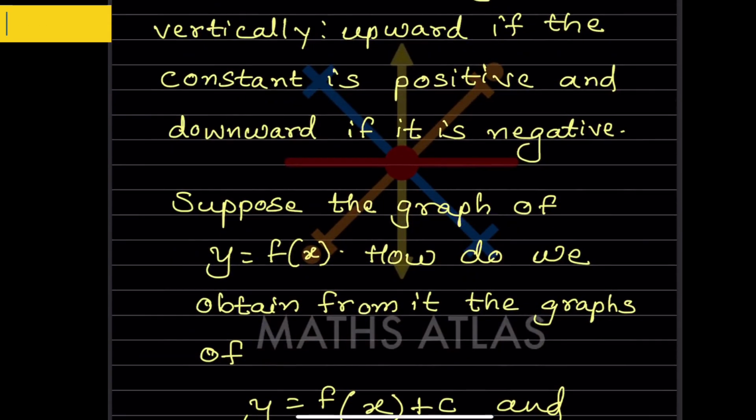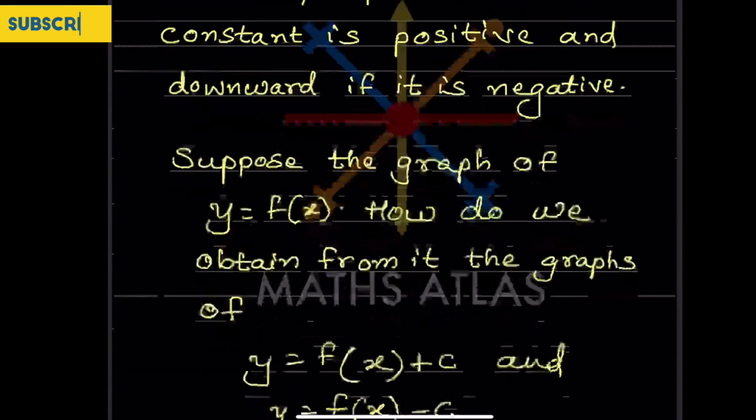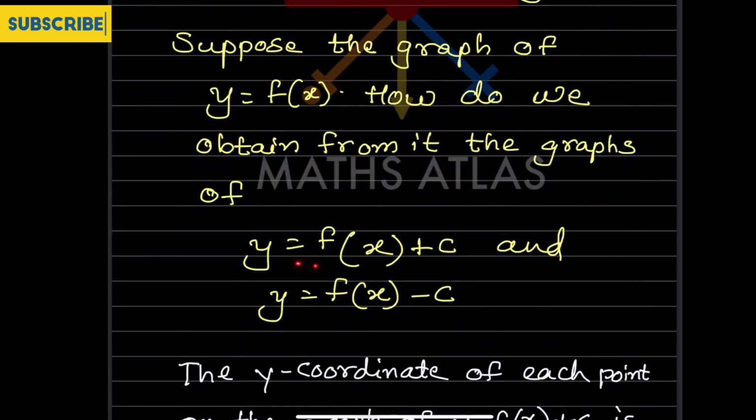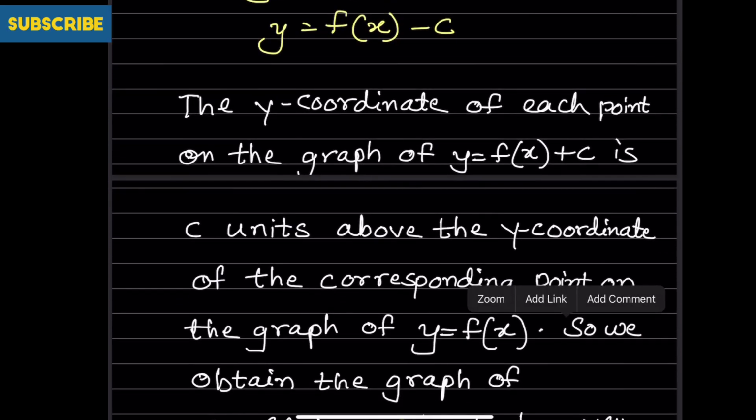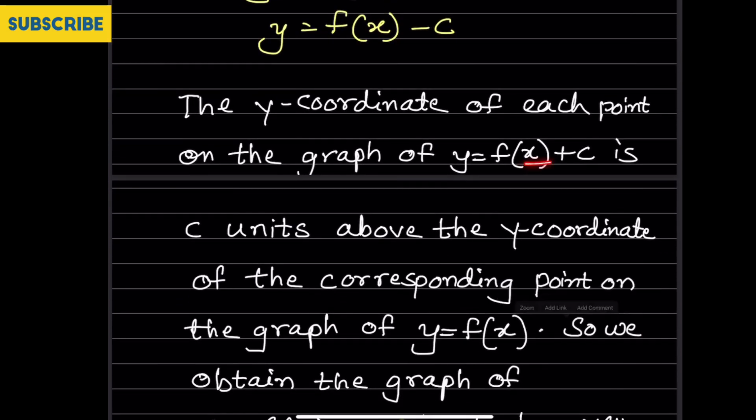Suppose the graph of y is f of x. So how do we obtain from it the graphs of y is equal to f of x plus c and y is equal to f of x minus c? The y coordinate of each point on the graph of y is equal to f of x plus c is c units above the y coordinate of the corresponding point on the graph of y is equal to f of x.